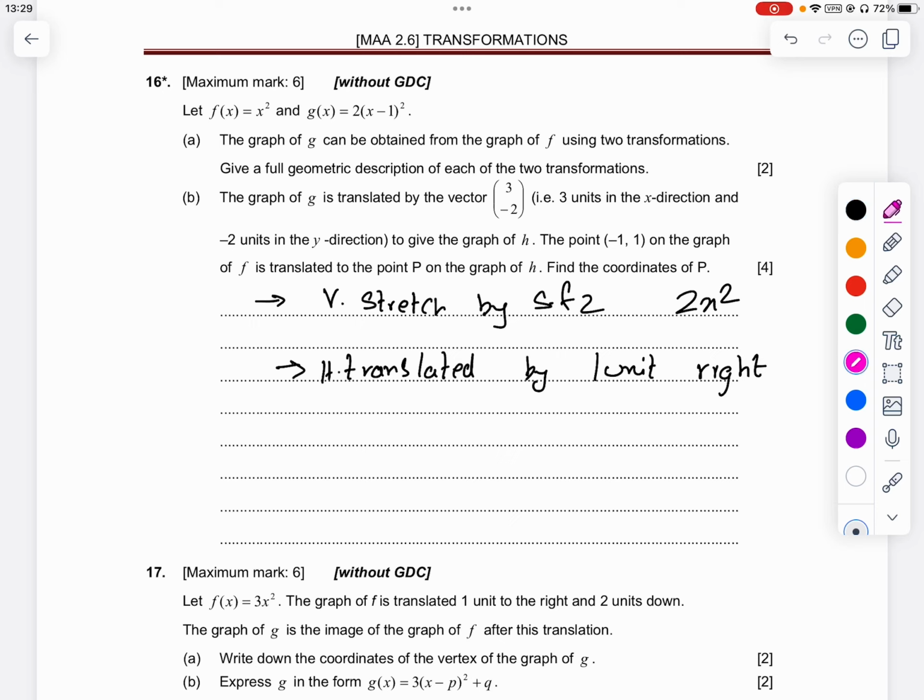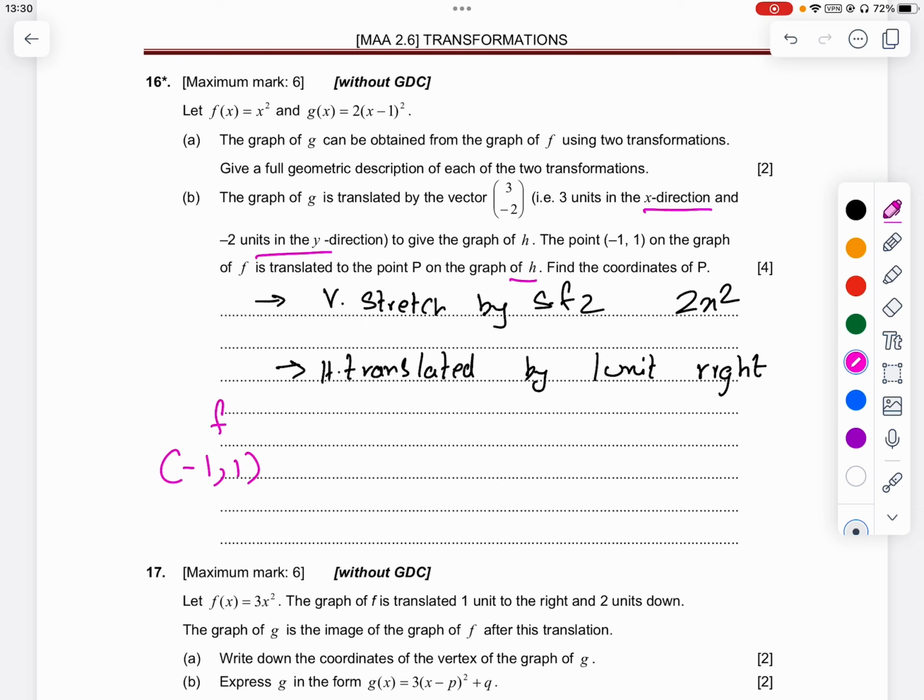The graph of g is translated by the vector 3 comma minus 2, 3 units in x direction, minus 2 in the y direction, to give the graph of h. The point minus 1 comma 1 on the graph f is translated to the point p on h. Find the coordinates of p. So minus 1 comma 1 is on f.